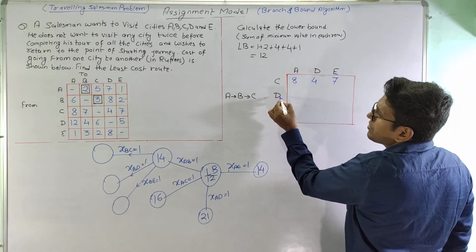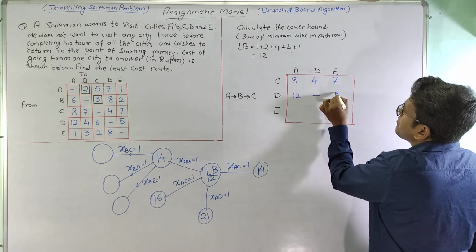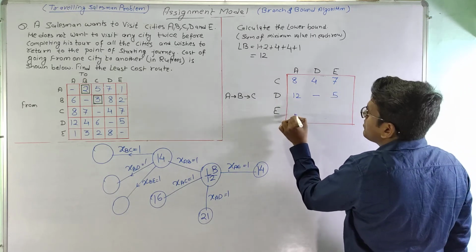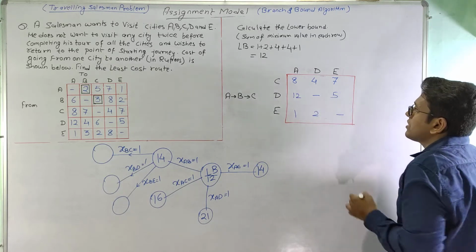Similarly DA will be 12, DD will be dash, DE will be 5, EA will be 1, ED will be 2 and EE will be dash.